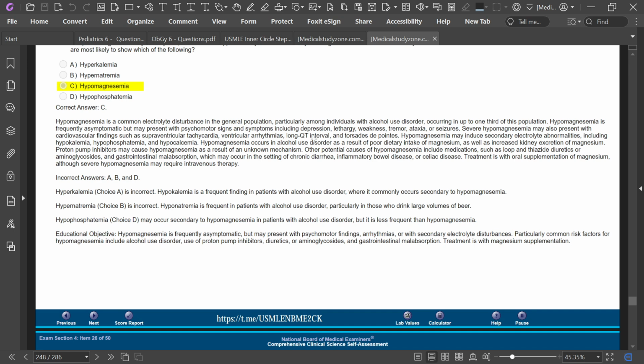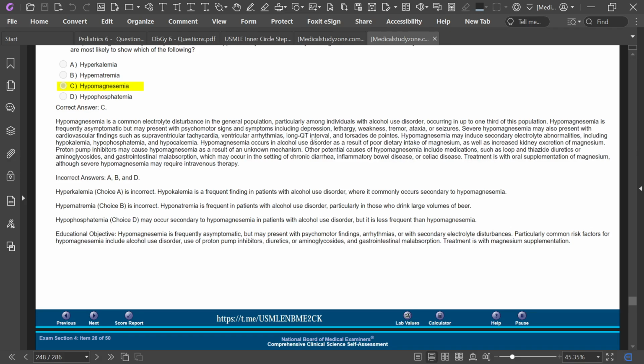Hypomagnesemia is a common electrolyte disturbance in the general population, particularly among individuals with alcohol use disorder, in up to one-third of the population.